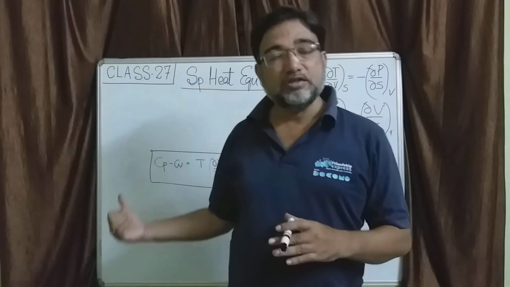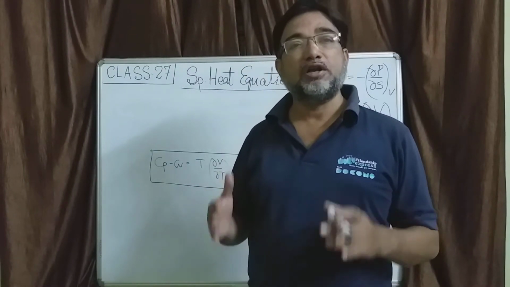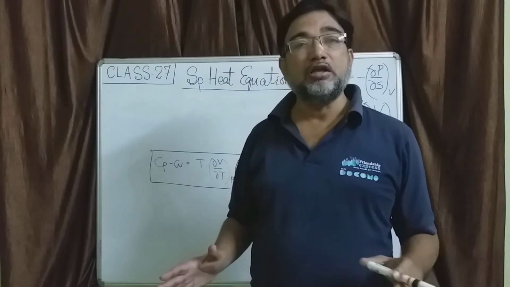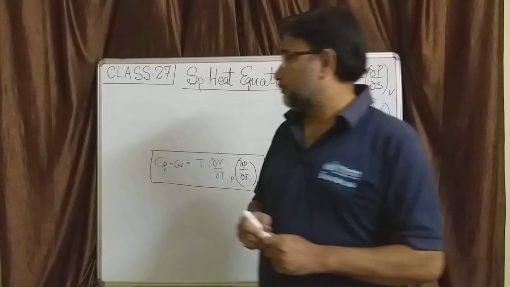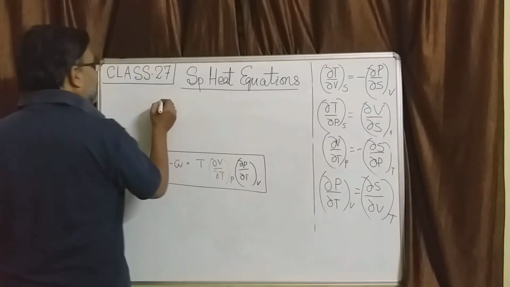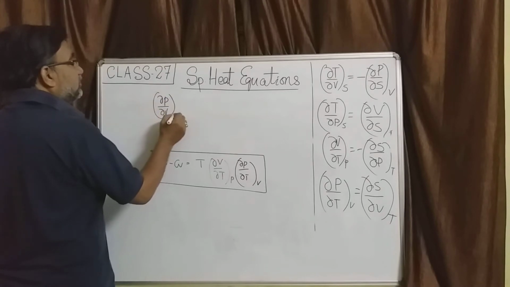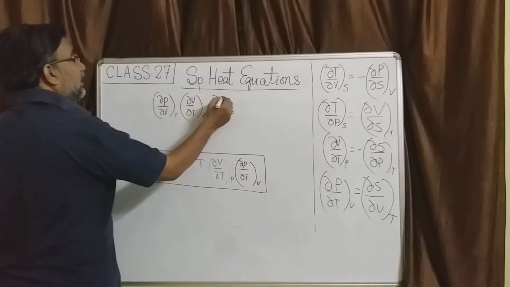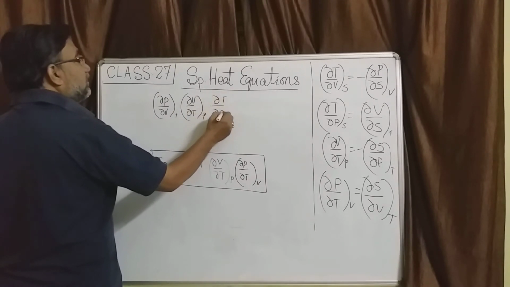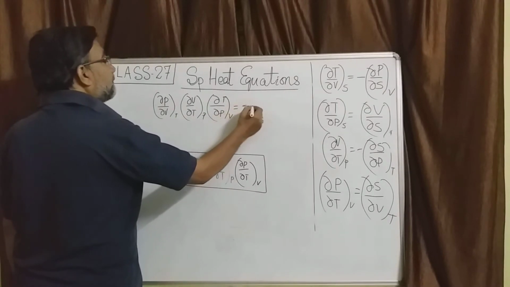Similarly, here in thermodynamics, pressure, volume, temperature are 3 properties and they can also be written in that form. So let us write that. So we can write del P del V at T, del V del T at P and del T del P at V is equal to minus 1.